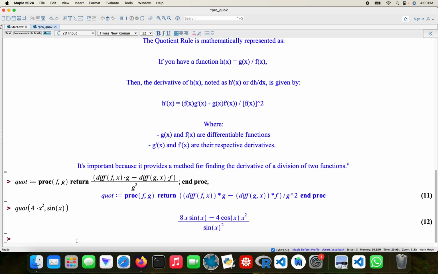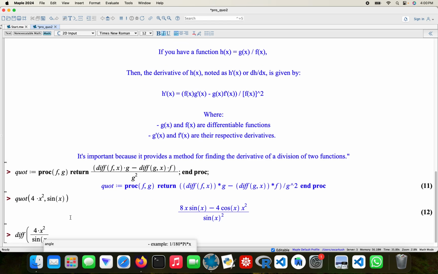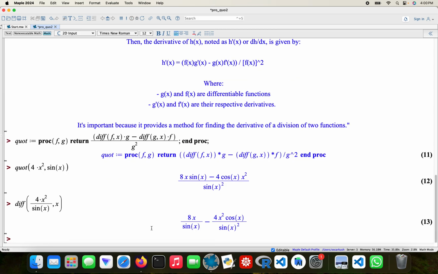There we are. Then if I type in diff again, diff of x squared divided by sine x, with respect to x. Sorry, my bad. They're the same anyway.